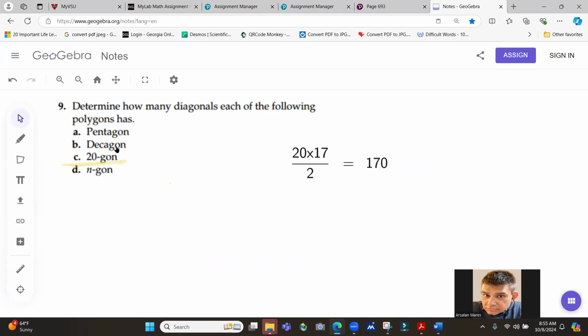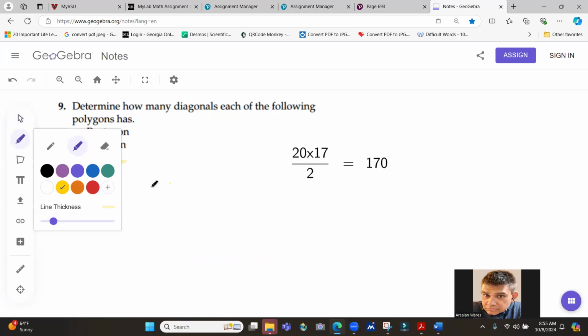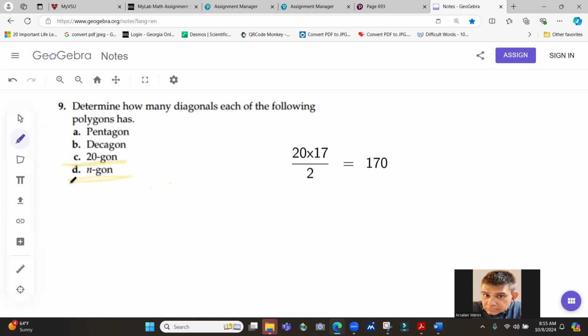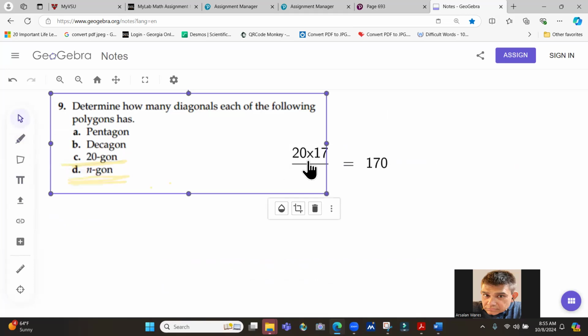Decagon is a 10-sided polygon. Pentagon is 5-sided. N-gon is n-sided. Let me do that one with n again, without a picture. So what is this one?